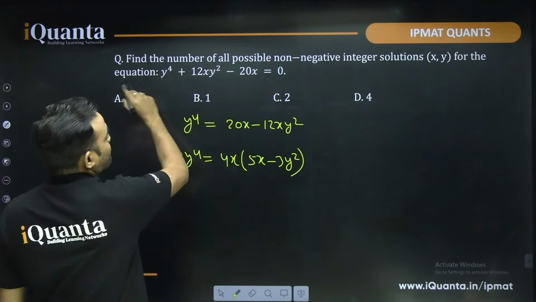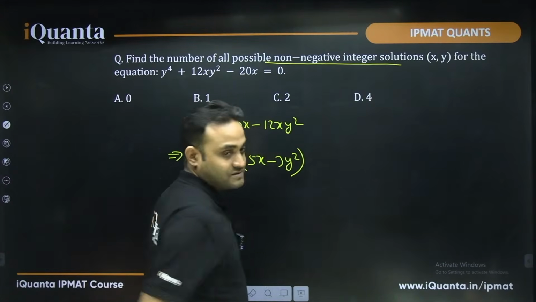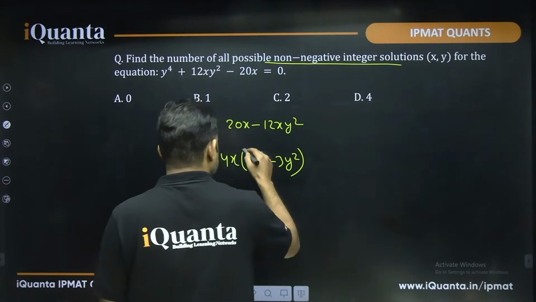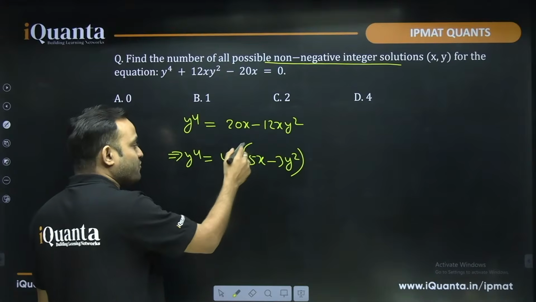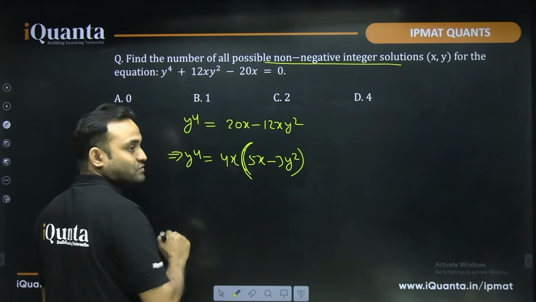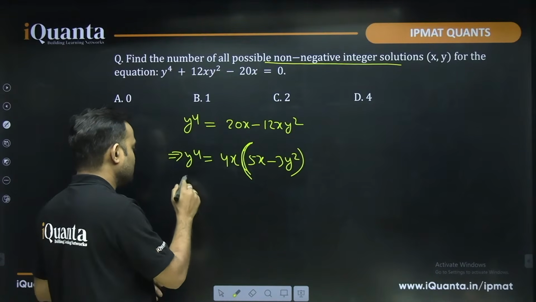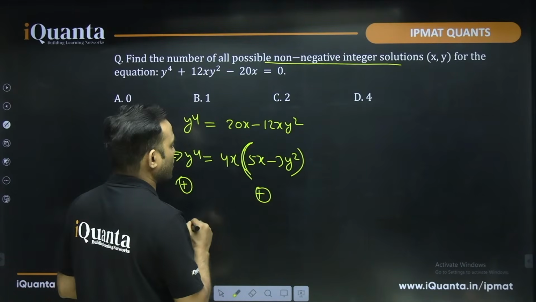Now x and y both are non-negative integers. Think about this. This is y to the power 4, which is always positive, so the right hand side should also be positive.